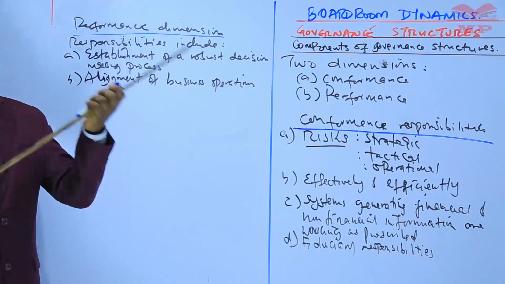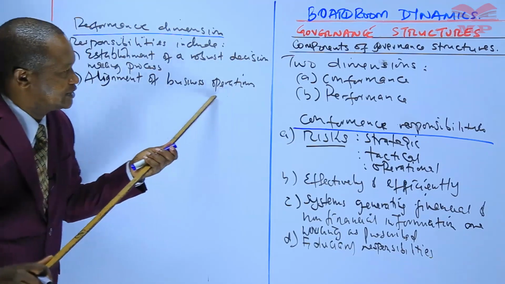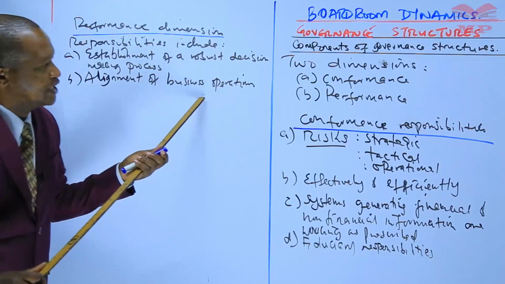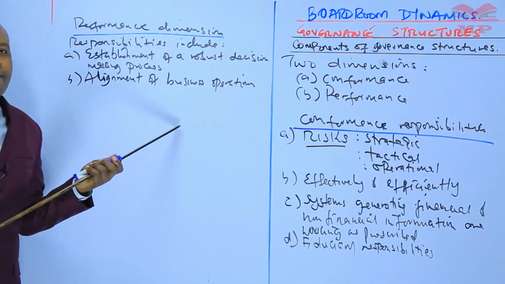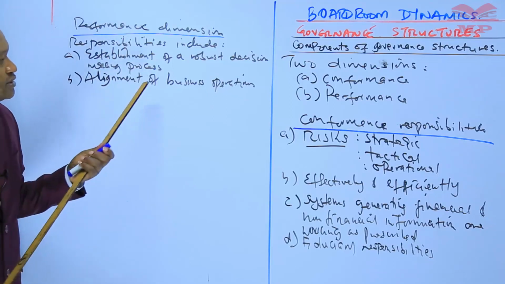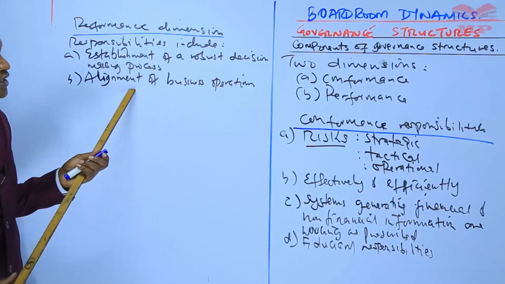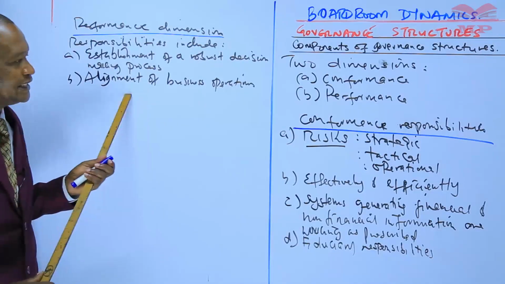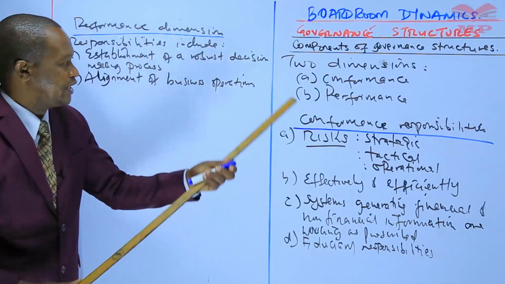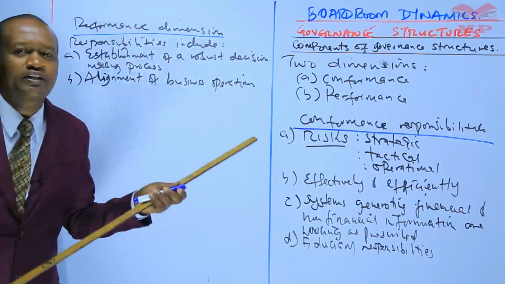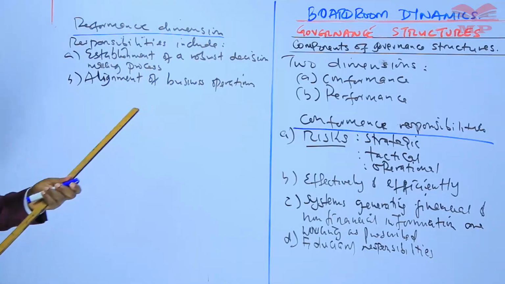With strategic direction. The business must operate in such a way as to achieve the strategic objectives. When carrying out the day-to-day operations, the activities that take place on a daily basis should go a long way in fulfilling or achieving the strategic objectives that are set by the company.